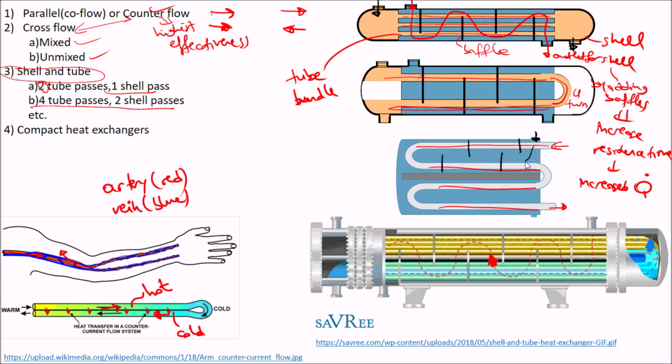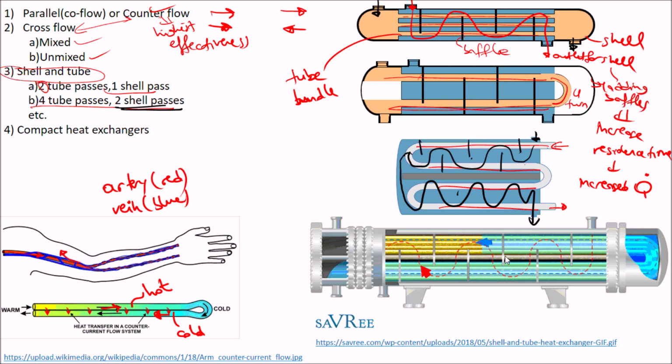The fluid moves in that direction, and then if there is a baffle one more time, this is the first shell, and then comes the next shell. The fluid comes here, again moves in that direction, then leaves the shell. So you have two shell passes, 1, 2, and the 4 tube passes, which is 1, 2, 3, 4.